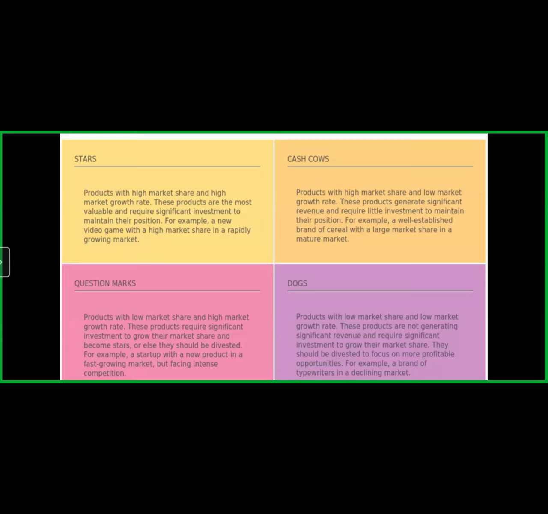For example, if we take the example of Tata Motors or Maruti, their market share is increasing, and they are aware that in future also they will have a very good demand for their cars.